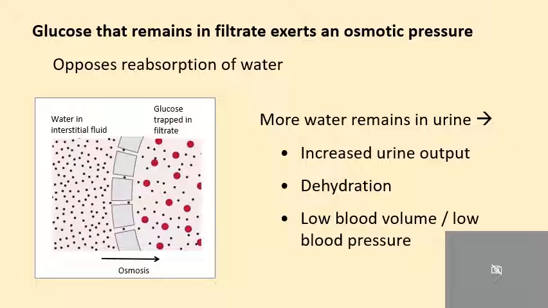So if we've exceeded our transport maximum for glucose, and glucose remains in the filtrate beyond the proximal convoluted tubule, it becomes a solute trapped on one side of a semi-permeable membrane. So imagine we're at the top of the loop of the nephron, and there's glucose present in the filtrate.